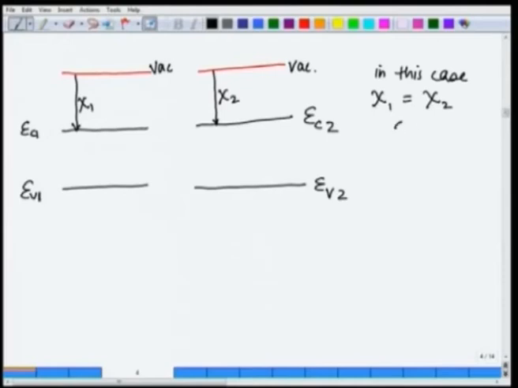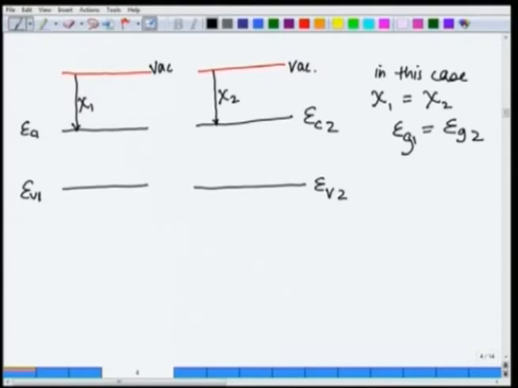And similarly, EG, I should say, EG1 is equal to EG2, the band gap of the two materials is the same, because it is the same material, silicon, we are talking about, and hence the EC and EV levels align with each other, unlike the heterostructures where they were straddle type or staggered type or broken type. So, here in this case these two are aligned well together.